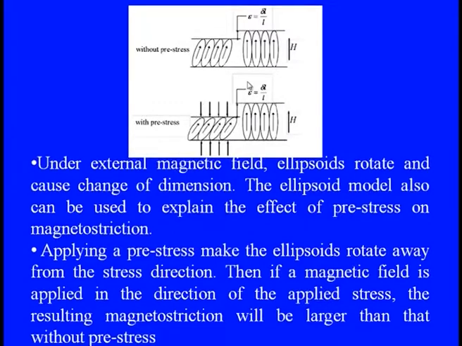Then when we apply the magnetic field in the direction of the applied stress, or the applied force, the resulting magnetostriction will be larger, and there is a clear cause of more extension than without the pre-stress concept.